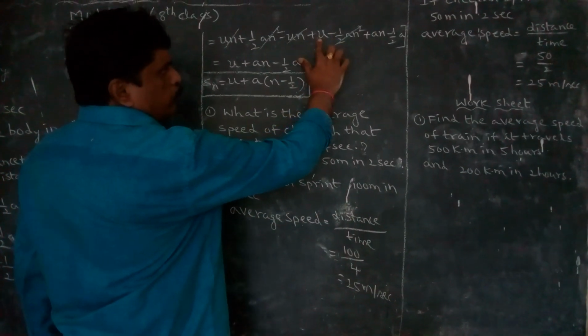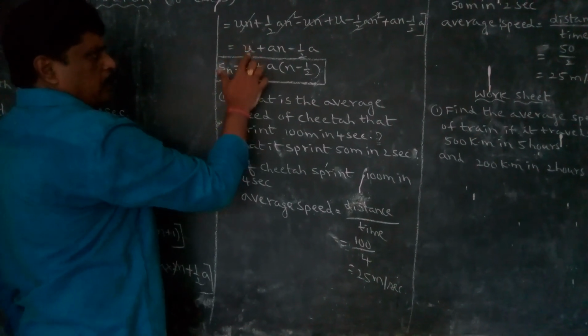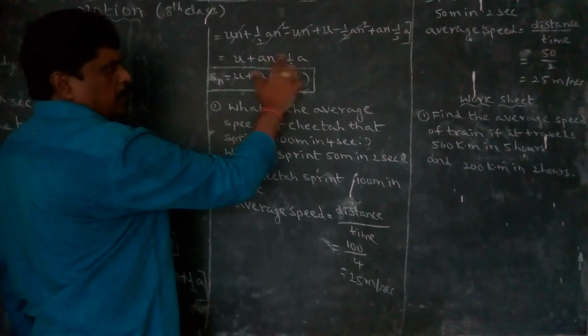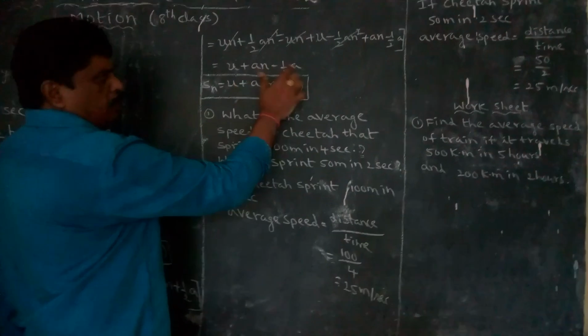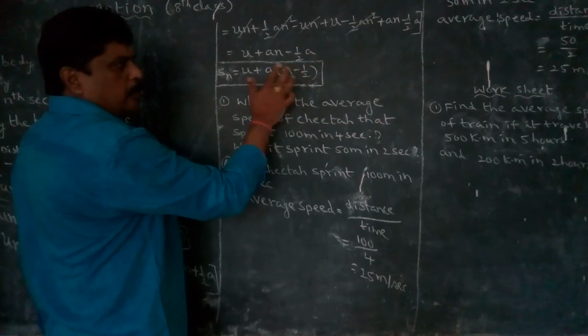The remaining terms are u plus an minus half a. I take a common from these two, so it is u plus a into n minus half. So the formula for the distance travelled in the nth second is Sn is equal to u plus a into n minus half. It's an important question.